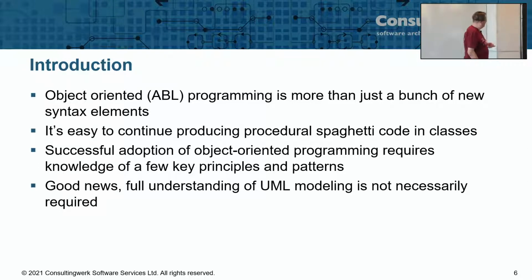Like in my first C# sample, and probably also years ago when the first OO version of Progress was available, I did that too. You can produce wonderful spaghetti code in classes. Then you can say, hey, I have a class, I'm an OO programmer, but it's about the mindset.